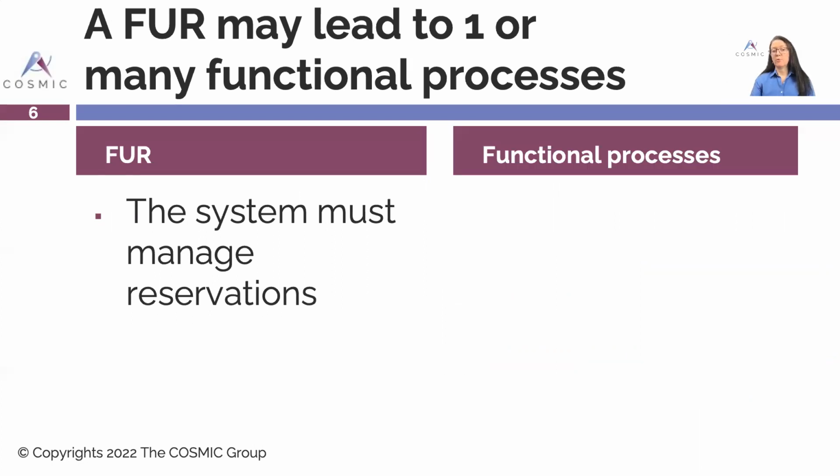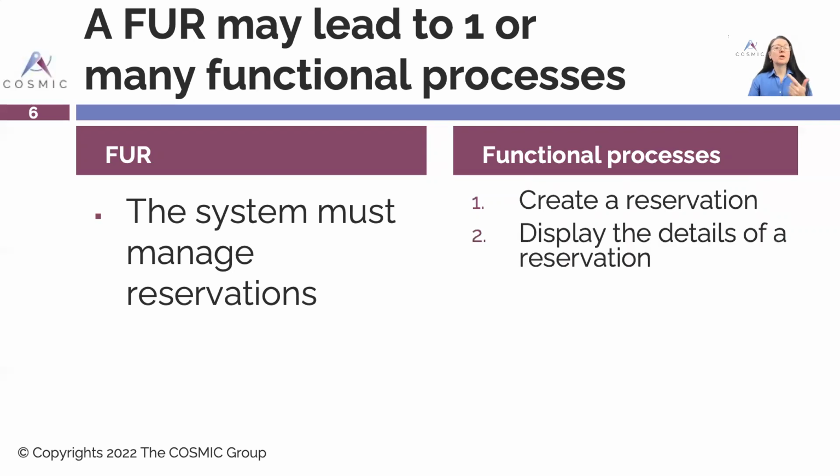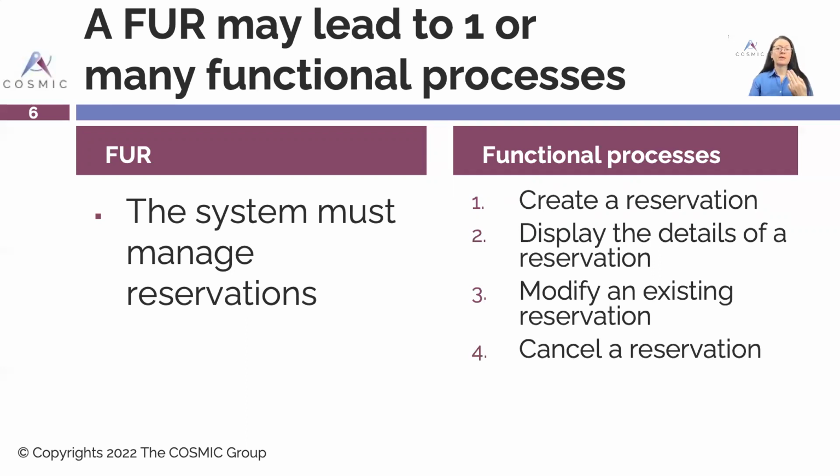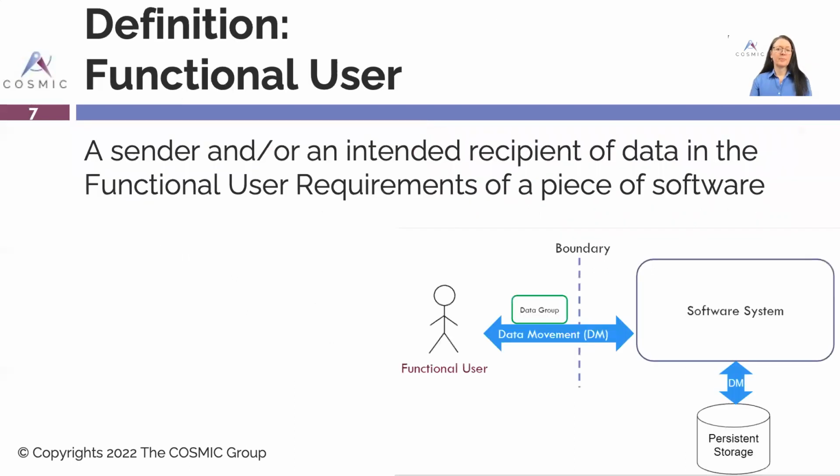Well, the derived functional processes could be create a reservation, display the details of a reservation, modify an existing reservation, cancel a reservation, and list reservations. So in that case, we have one FUR equal to 5 different functional processes. And what we will measure is at the functional process level.